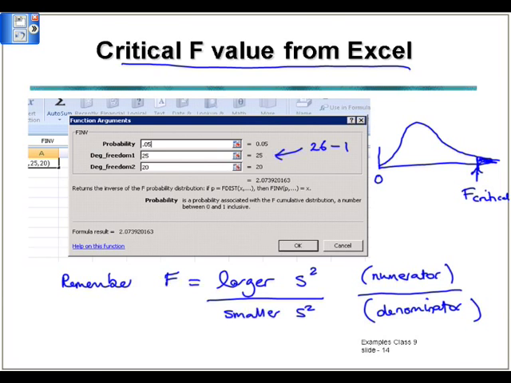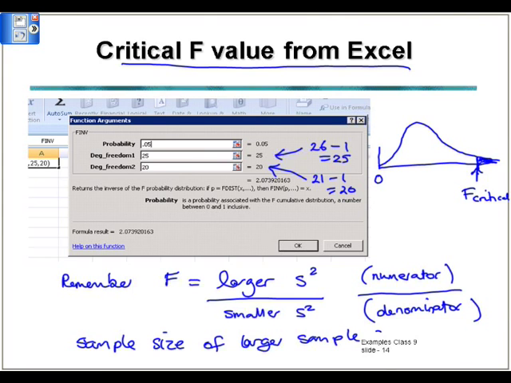So these are linked: the sample size of the larger sample standard deviation, minus 1, is on the numerator, and the sample size for the smaller standard deviation, minus 1, will be the one for the denominator.